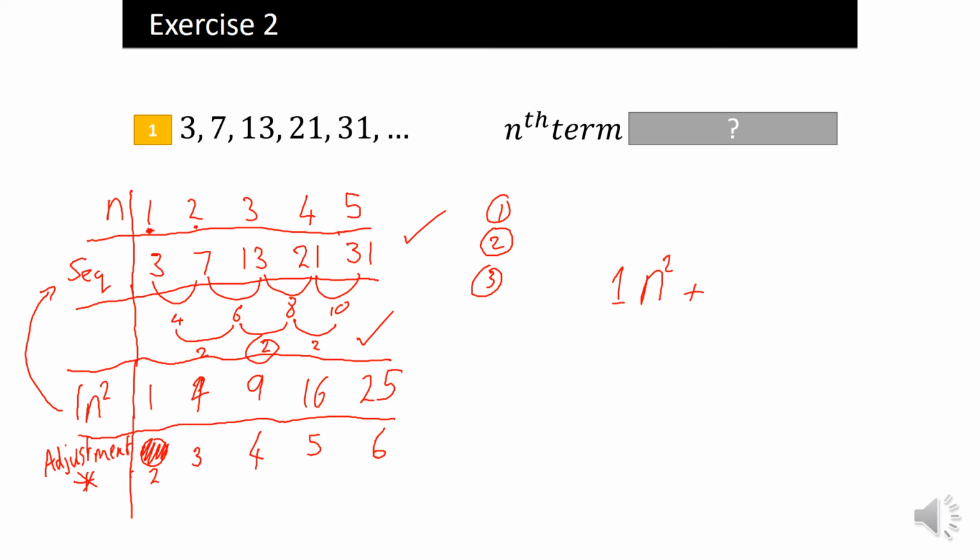We work out the difference, a difference of 1 each time, so it's going to be 1n plus. And then we work out the 0th term like we did with linear sequences. That would be 1. So it's 1n plus 1. So our final sequence, 1n squared plus 1n plus 1.